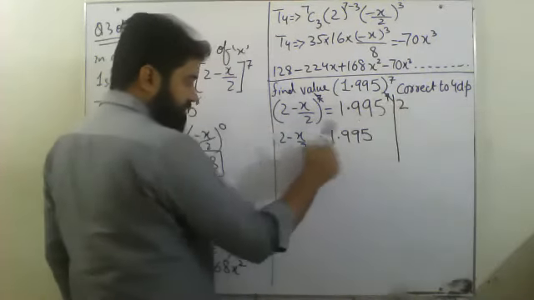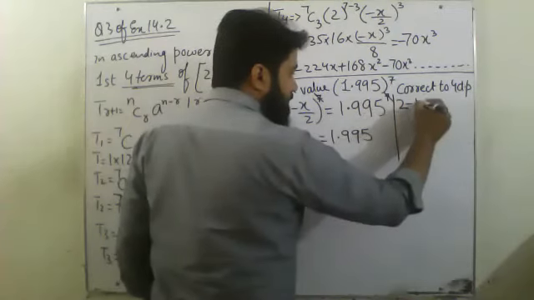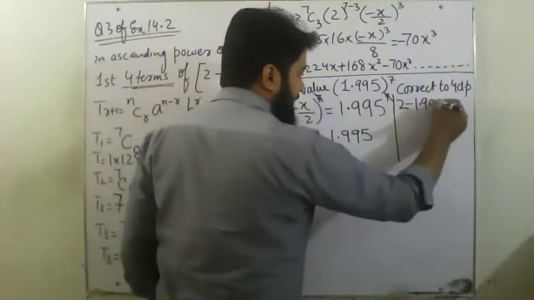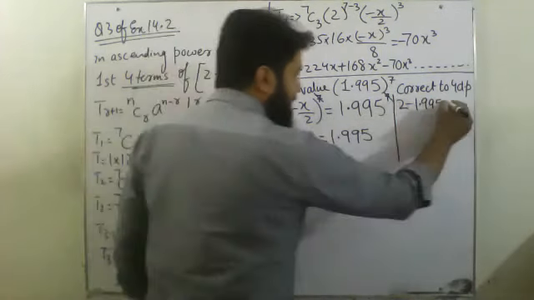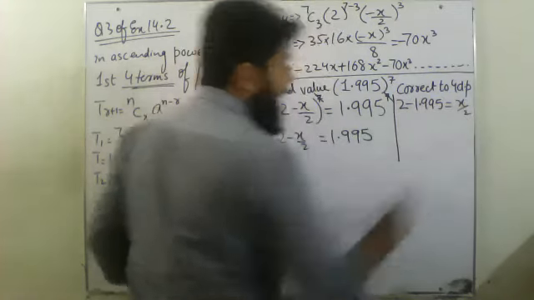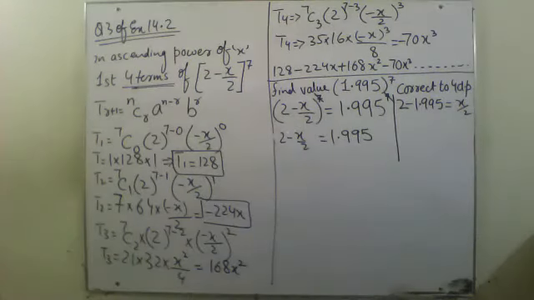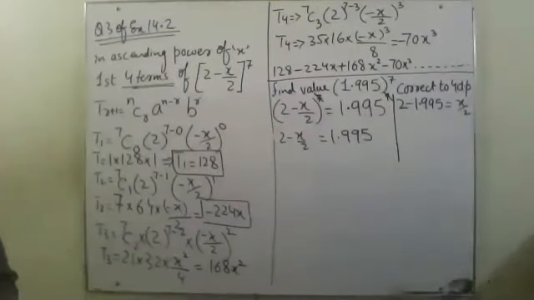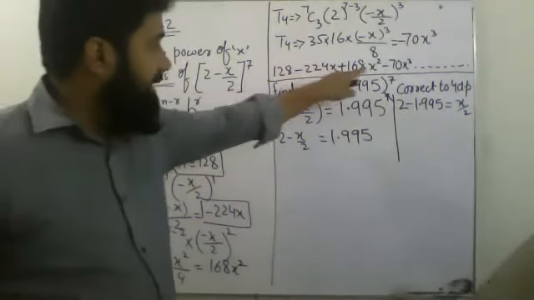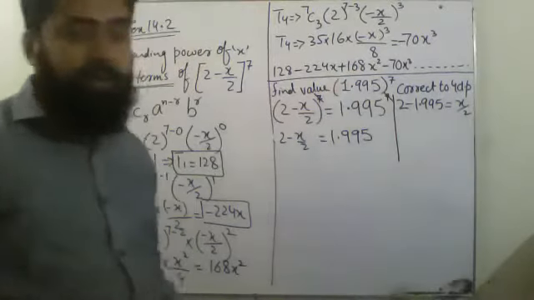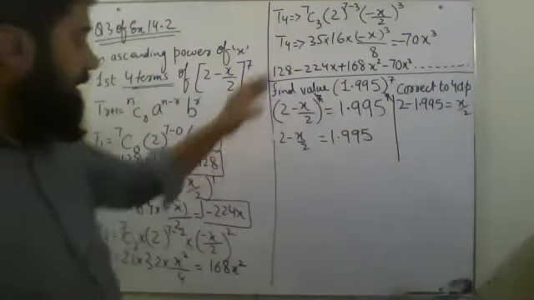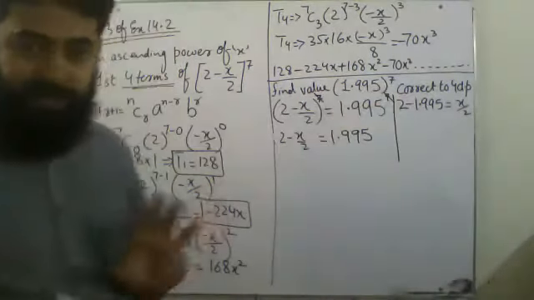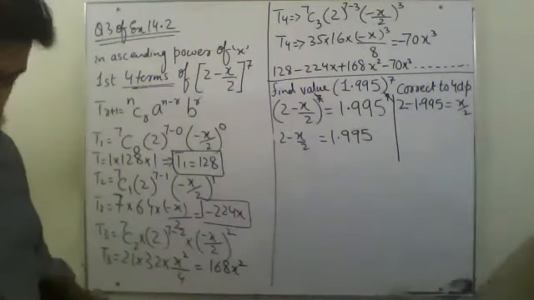I'm shifting the 2 over here, minus 1.995, and shifting this whole thing over here. I have to find the value of x, which I can plot in these values. In place of x, I will plot it and I will get my result till 4 decimal places. That is the main concept over here.